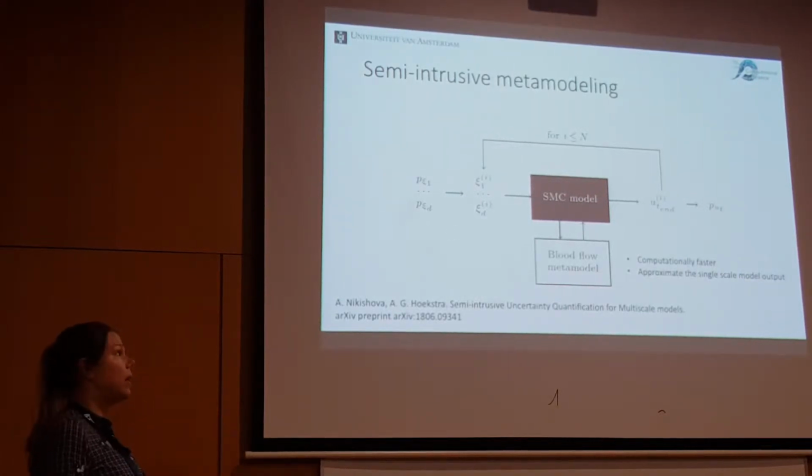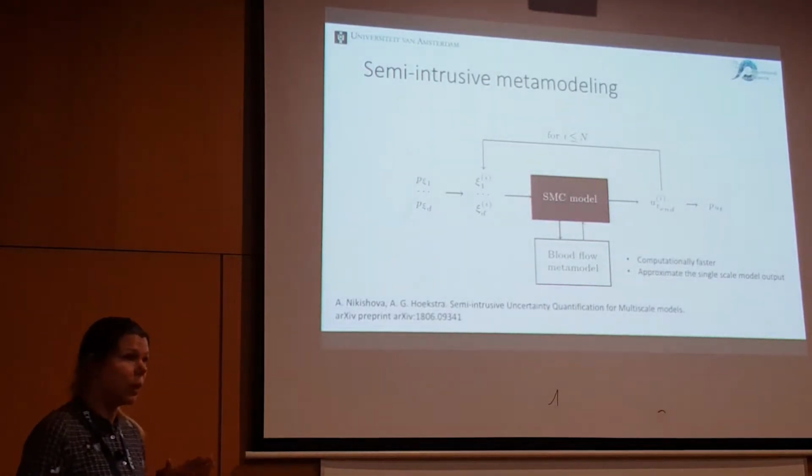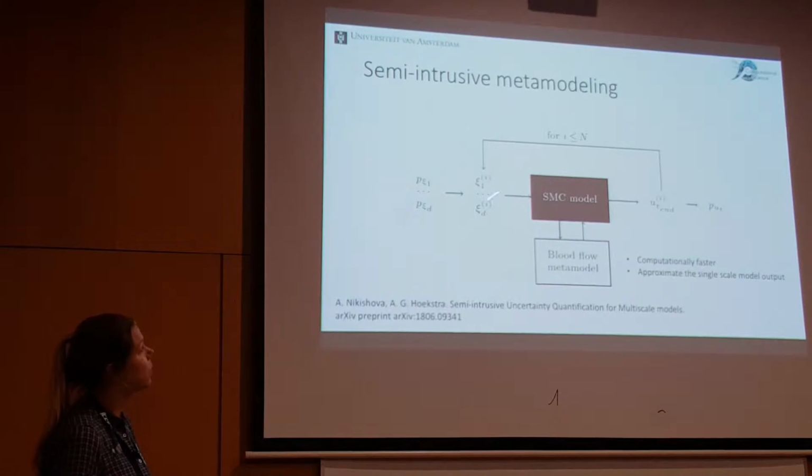And why do we have an advantage in this case? Here we only approximate one of the inputs to the macro model, which produces our final output. And we expect that the error produced by our surrogate will be less than if we substituted the whole model. And then the rest of the workflow is the same as in the Monte Carlo method.